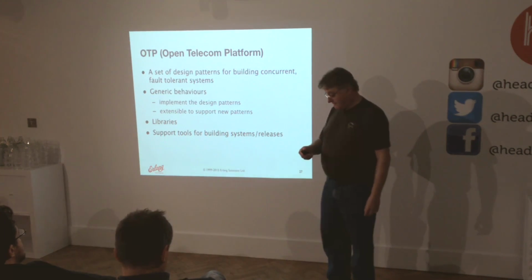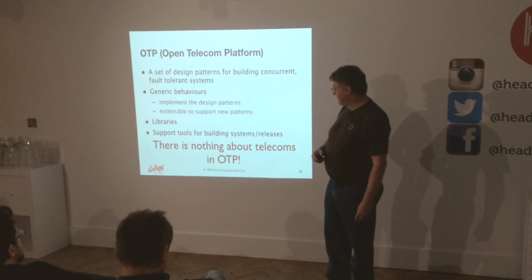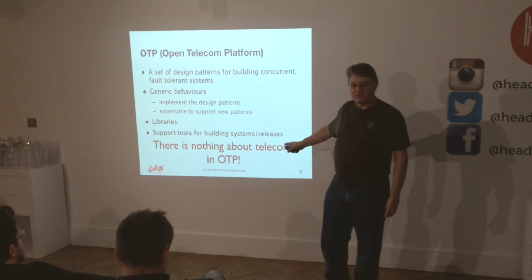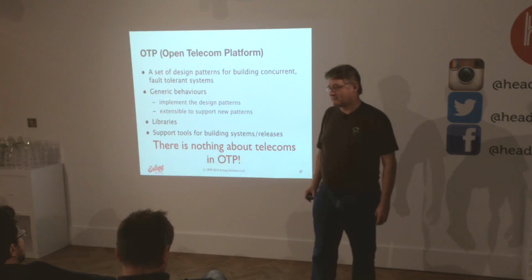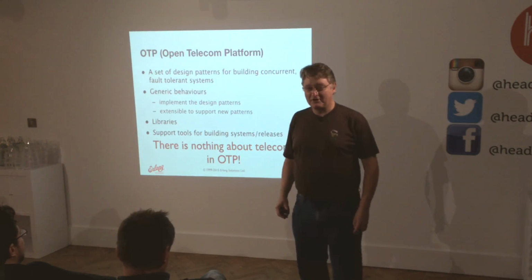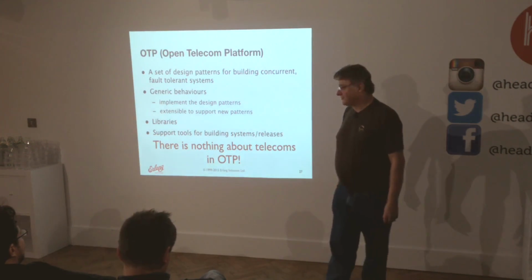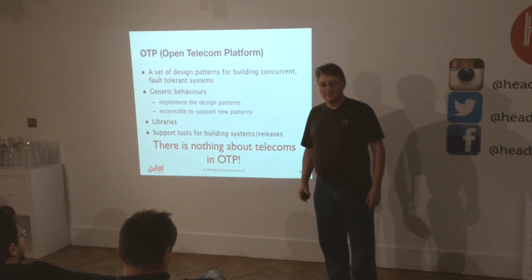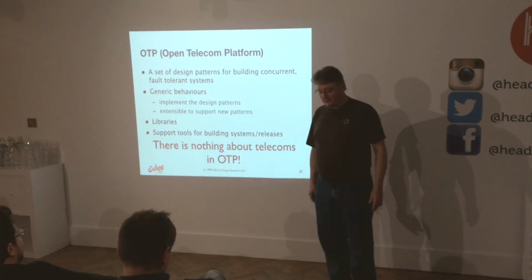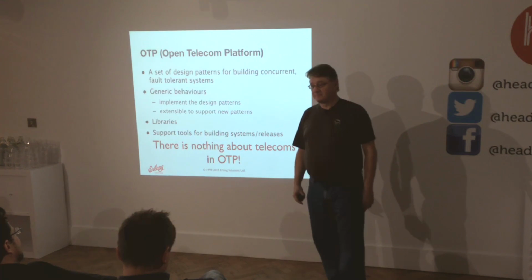The thing to remember is, even because of its name, there is absolutely nothing about telecoms in OTP. If you look at all the OTP libraries, there are no telecom libraries there. The closest you can get, I think, is an ASN.1 compiler, because ASN.1 is used, amongst other things, in telecoms for protocols. That's about the closest.